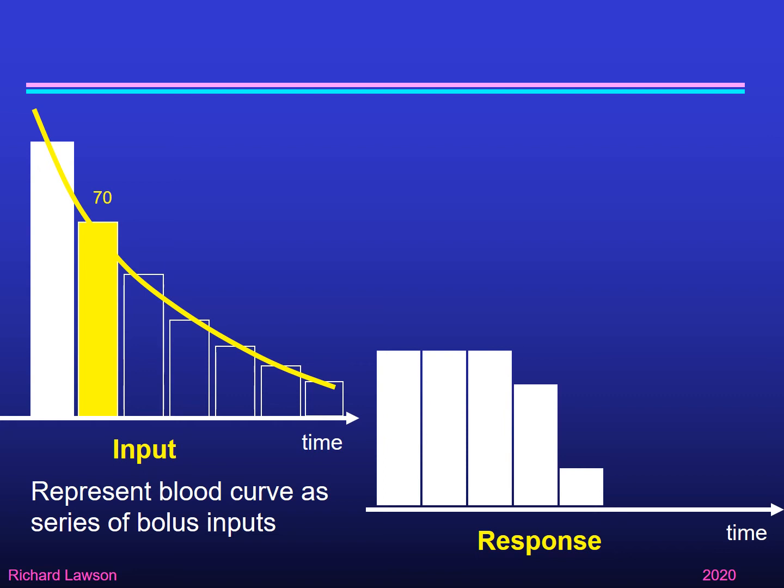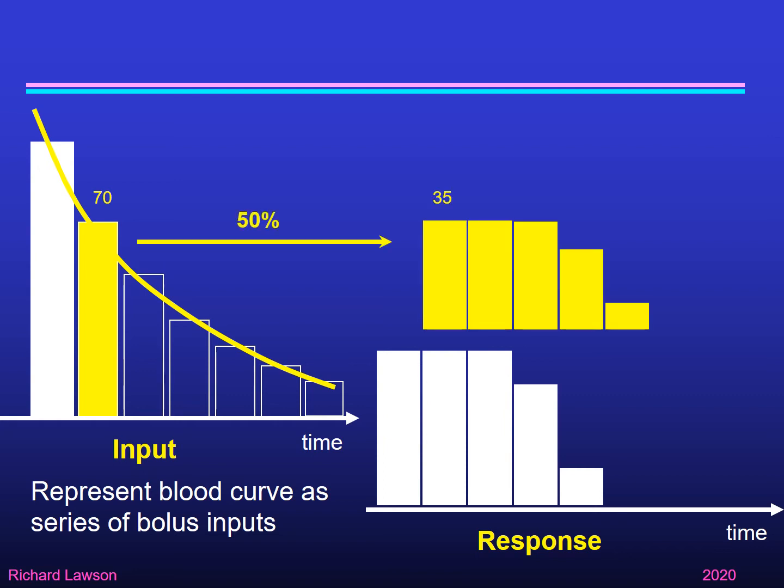Now if we also assume we get 50% response to that, we get 35 units entering the kidney, and it still takes 3 minutes to transit and then eliminate over the next 2 minutes. So the shape of this yellow curve is the same shape as the white one, but it's slightly smaller because the input was smaller, and it's also delayed by 1 minute because the yellow input was 1 minute later than the white, so the yellow response is 1 minute later than the white.